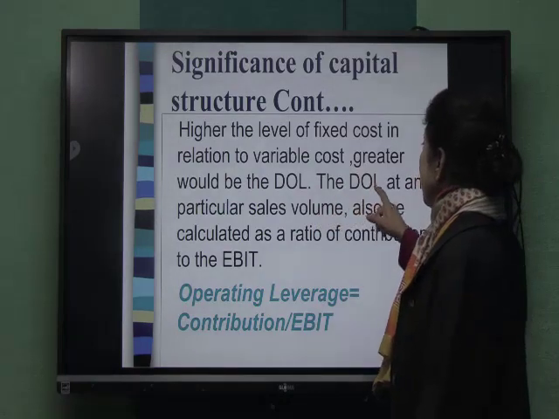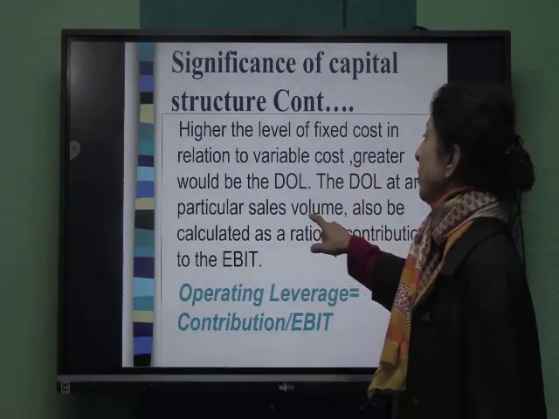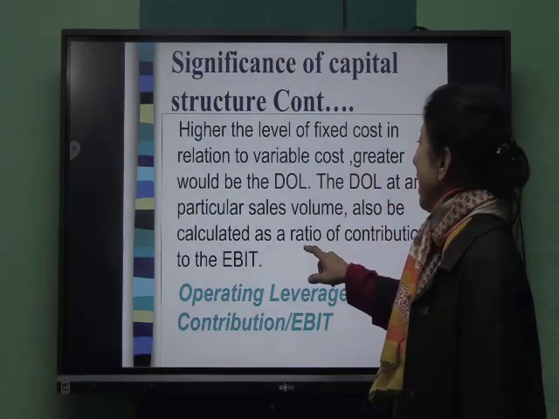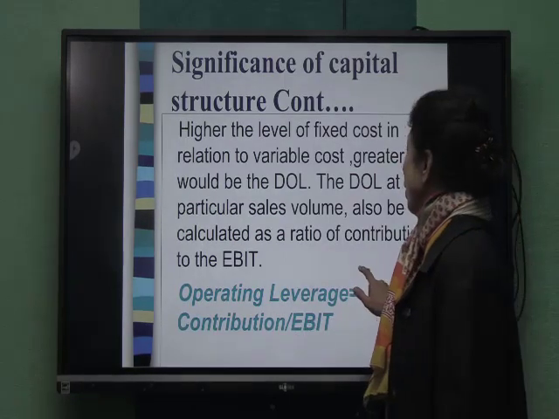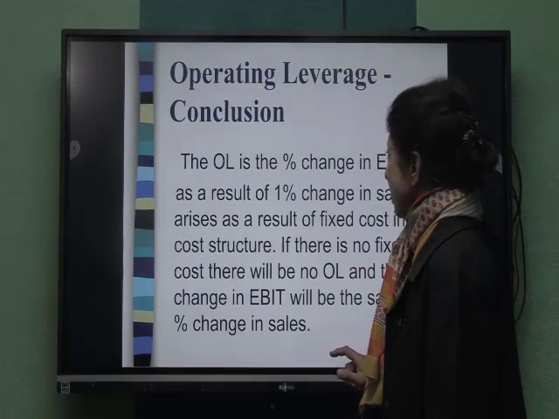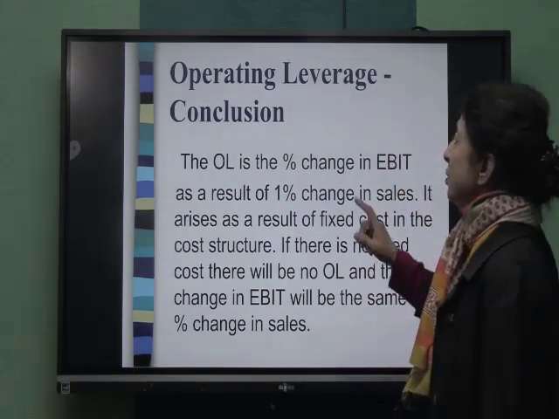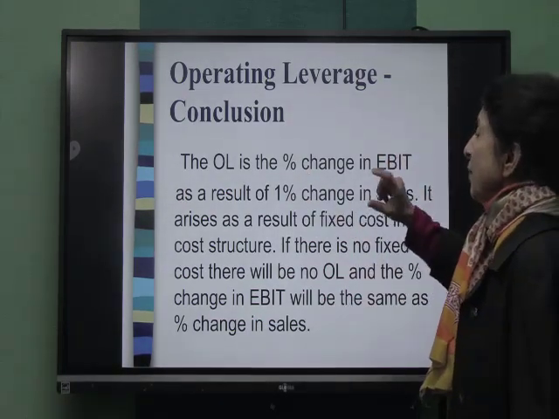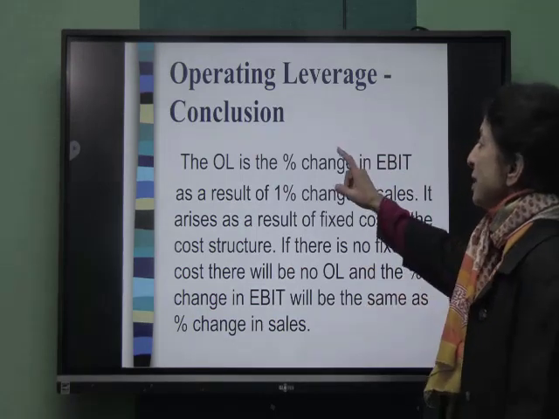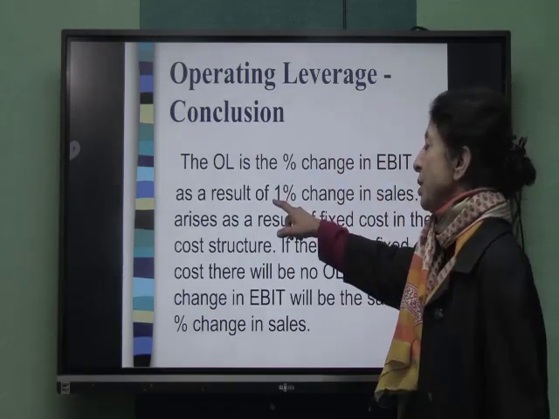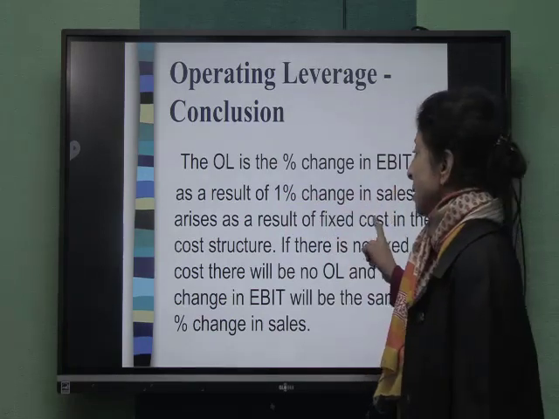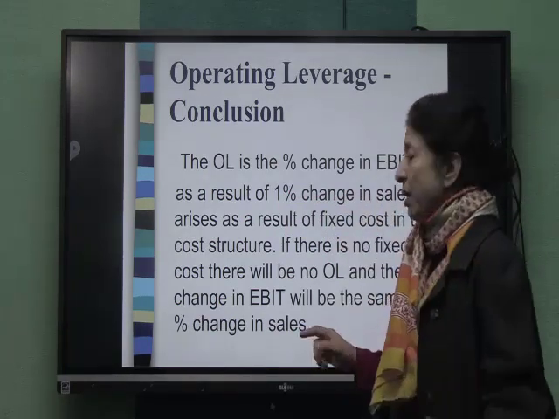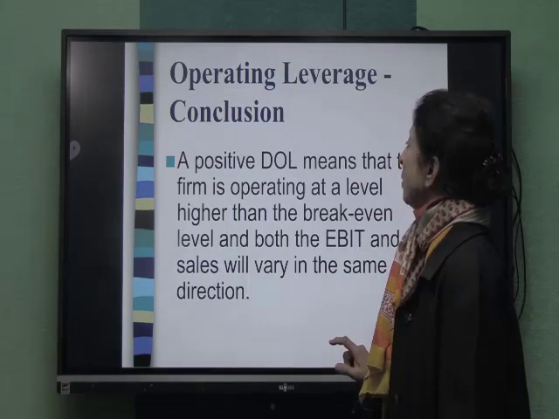And therefore, DOL at any particular sales volume will also be calculated as the ratio of the contribution upon EBIT. If you look here, just read the operating leverage. I have already told you it's nothing but the percentage change in EBIT as a result of a 1% change in the sale, and which arises because of the fixed cost.